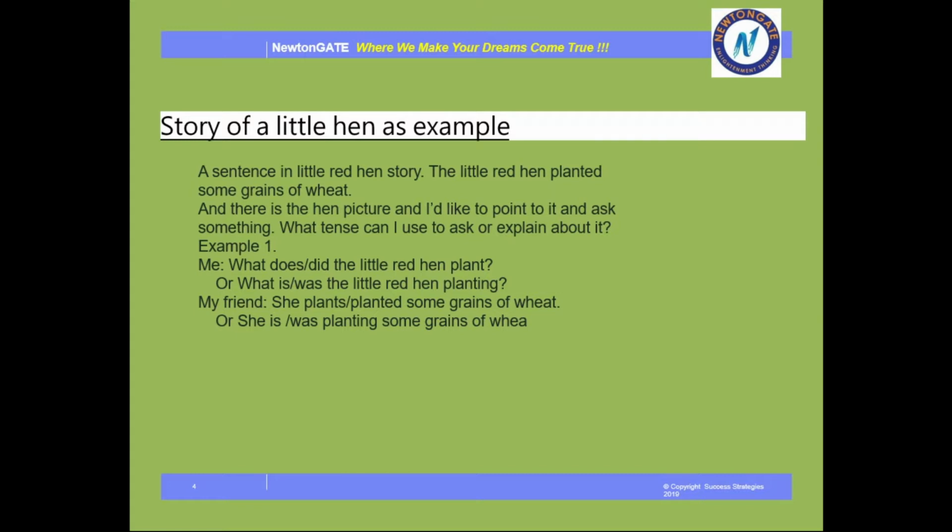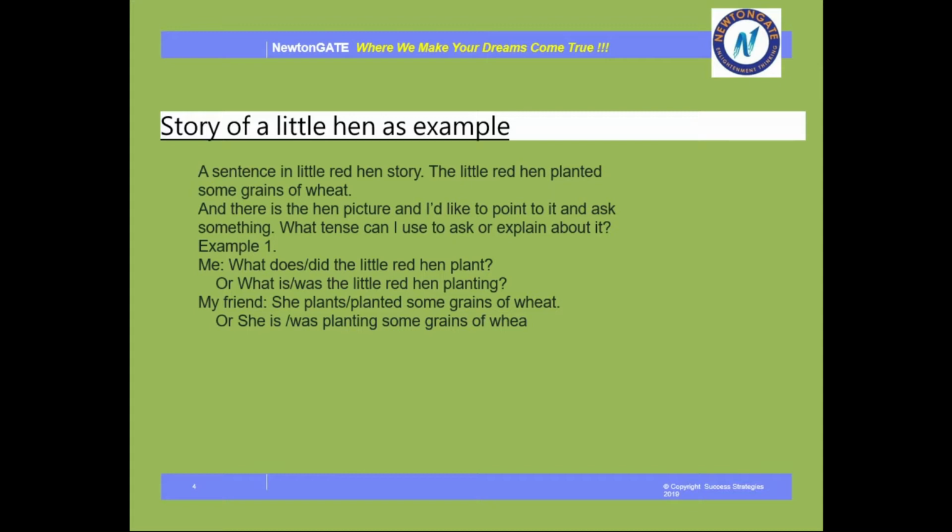See, what did the little red hen plant? Or was the little red hen planting? Now you are asking this question in past and present. You can see the picture and imagine that maybe it is in present or maybe it is in past. You are also very confused about that, right? So imagination is very much important.